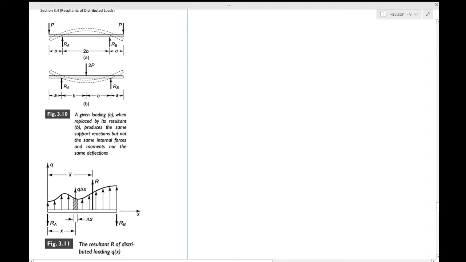Okay, so the next section, which is section 3.4, is about the resultants of distributed load. So you have already, perhaps in your first year, studied what is the equivalent system.